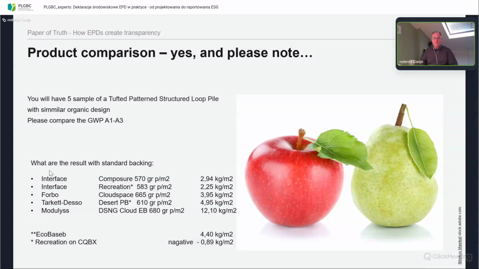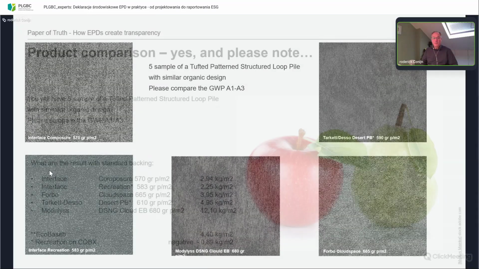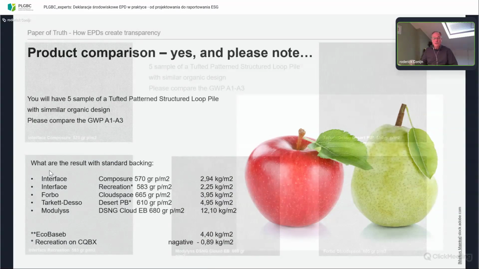So as you can see, if you look at the previous slides, all organic, all almost the same color, but from an impact point of view, there is a huge difference between those five products.